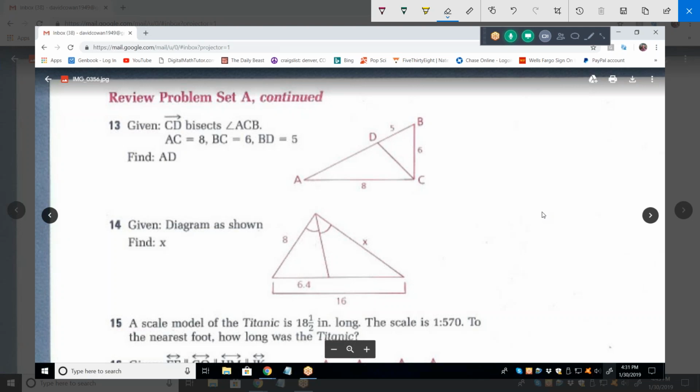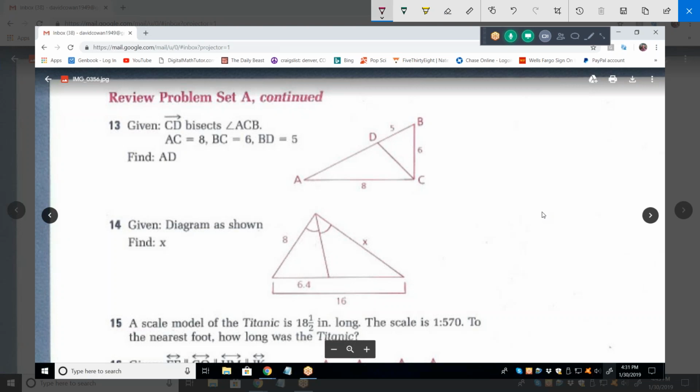The scale model of the Titanic is 18.5 inches long. The scale is, what's the linear scale factor? 1 to 570. Yeah, does your teacher always do small to big? No, I actually don't know. Here's why big to small works better, okay?